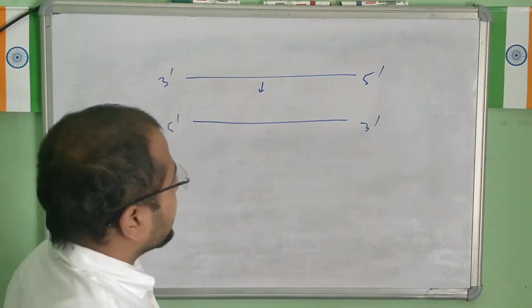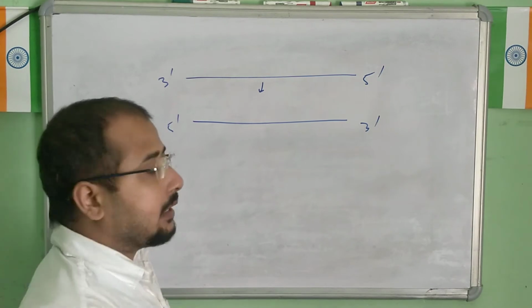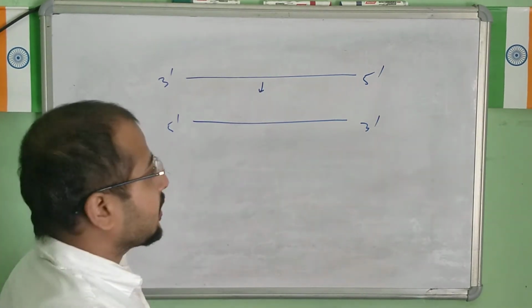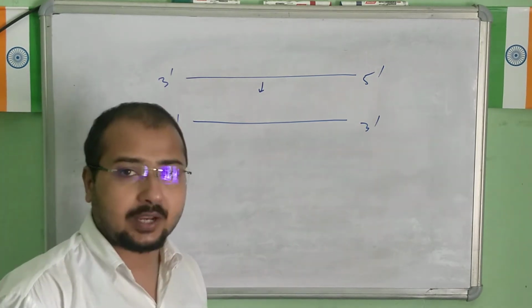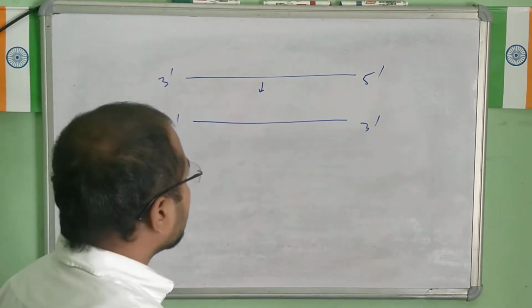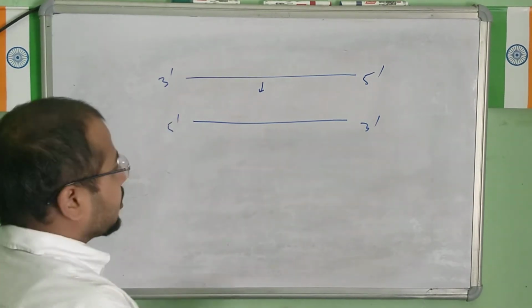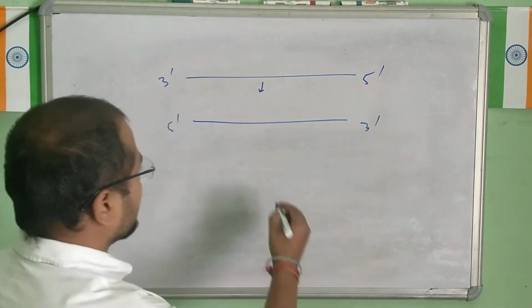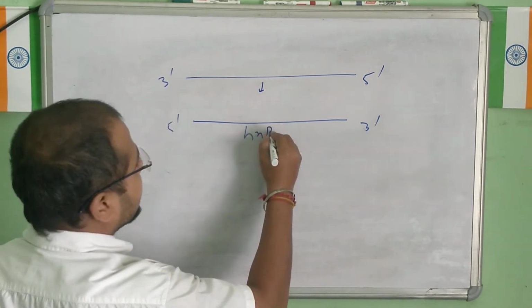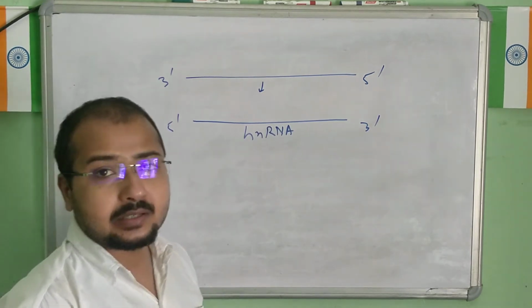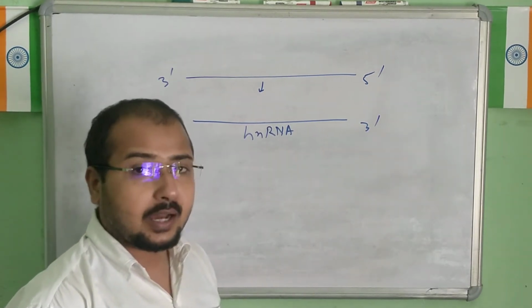Now in eukaryotes mainly the RNA which is produced from the DNA directly is an immature RNA strand, immature mRNA strand. Okay, so now this immature RNA is known as hnRNA, heterogeneous nuclear RNA.